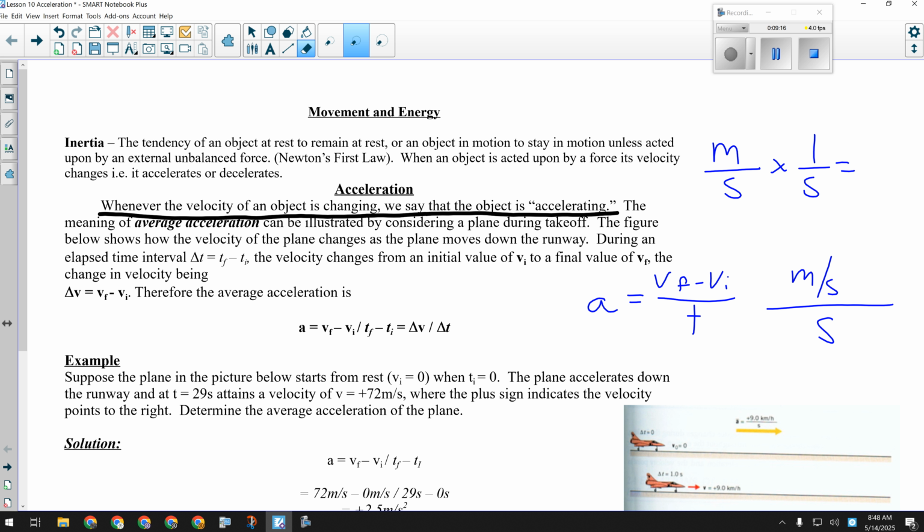What's meters times 1? Meters. What's seconds times seconds? Seconds squared. You can write it either way. If you wrote an acceleration and you wrote meters per second, that's right. We usually write it meters per second squared, and we usually say it that way as well. Everybody all right with that?